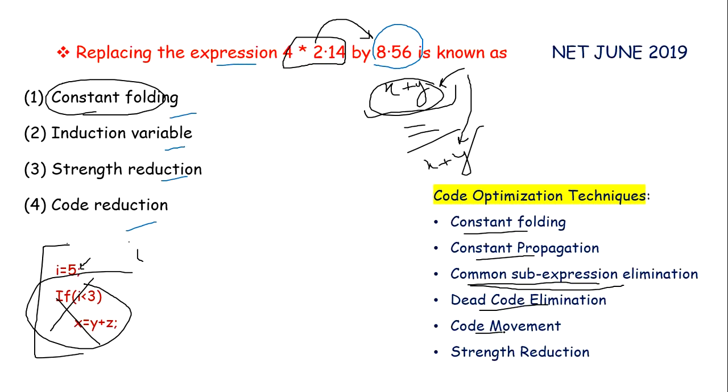Next is code movement. An expression whose value will not change throughout our looping structure will be placed outside the loop. For example, for I equals 1, I less than 6, I plus plus. In this for loop, we have two statements, x equals y plus z, a equals a plus I. Now we can see that the first statement will not change.